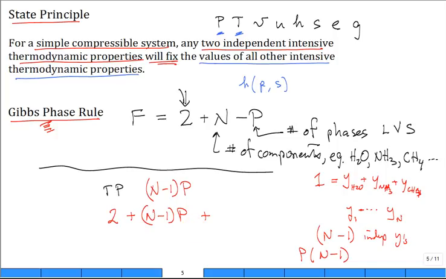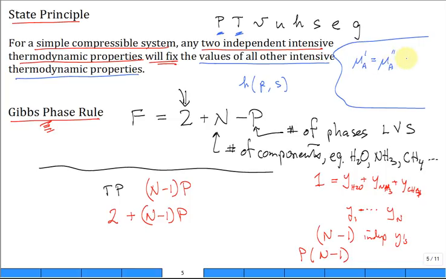What are the number of equilibrium conditions that are inherent in these multi-component systems? Well, I'm going to have to go back here and use this little bit of room up here. We had that mu of species A in this phase was equal to mu of A in this phase.